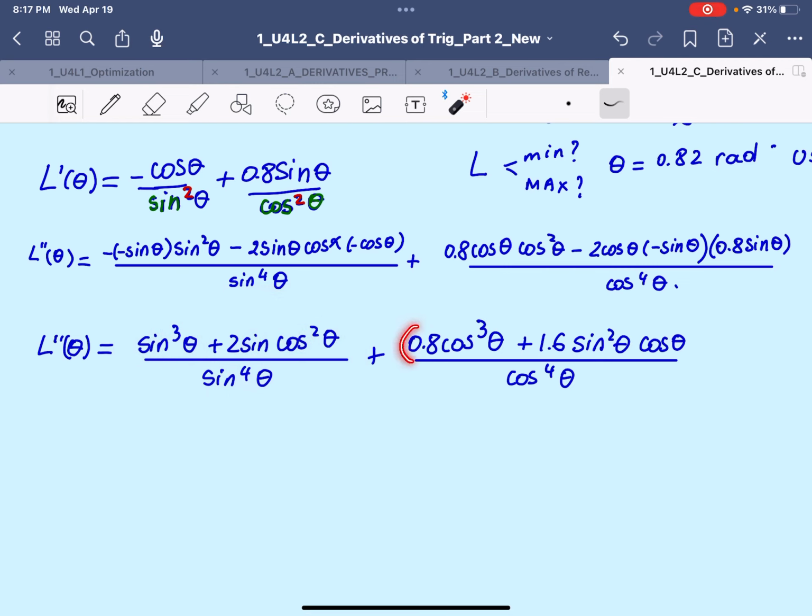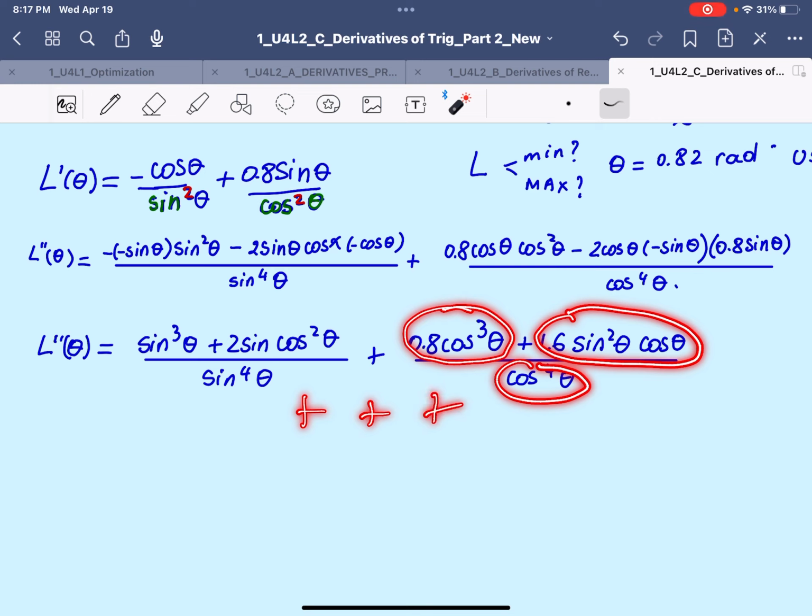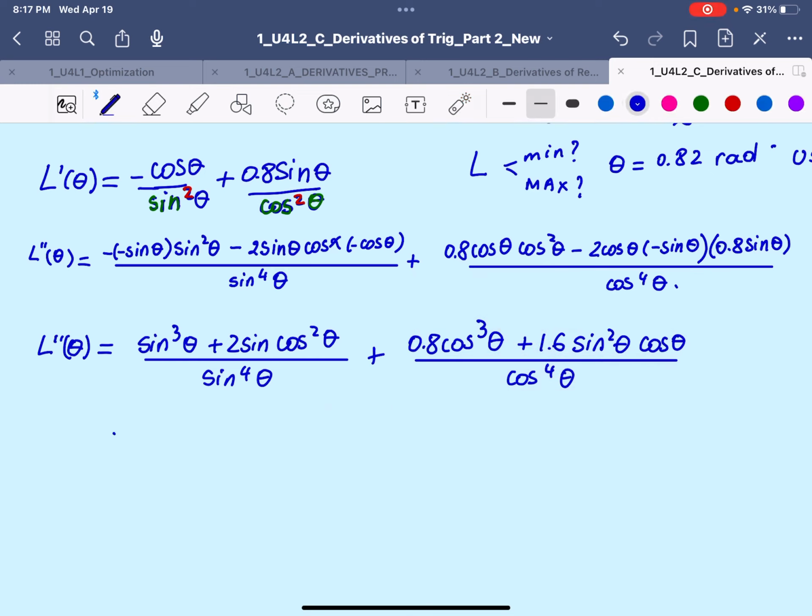So 0.8 positive, a positive number to the power of 3, entire thing positive here, plus a positive divided by a positive. So it seems that we have a positive plus a positive. So without even having to substitute angle theta by 0.82 radians, which is an acute angle, just by a simple estimation, we can tell that L secant theta will be positive in value.